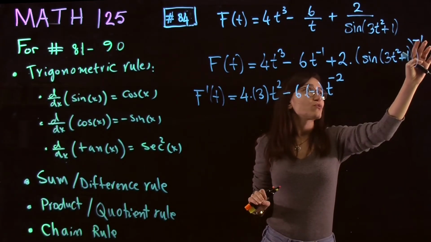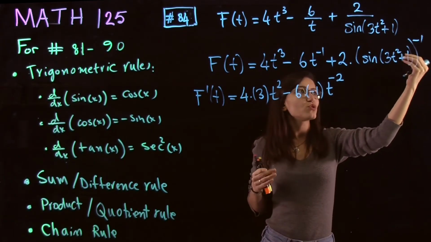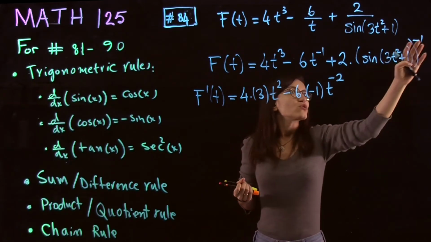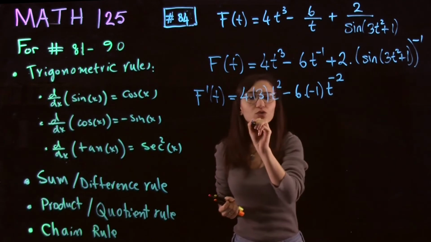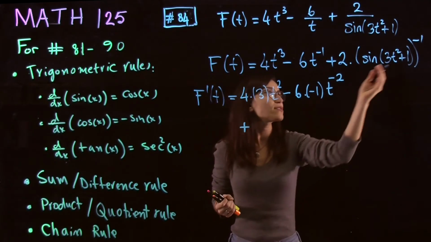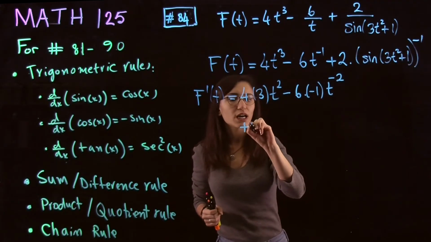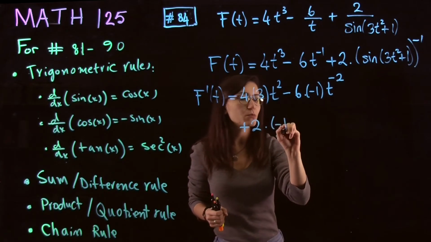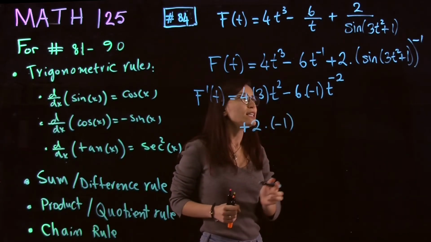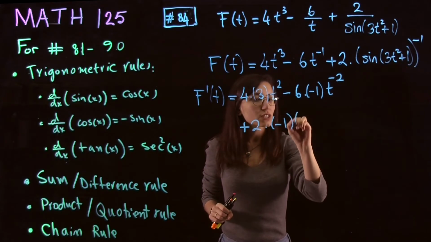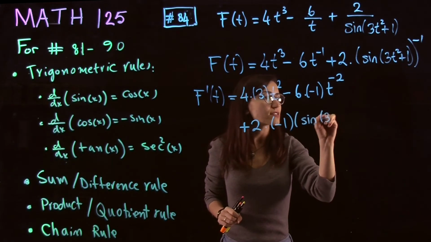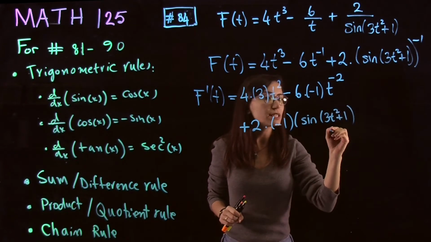So first I need to bring, so this is like chain rule and power rule, you can call it. So I will apply the power rule here. So plus, let me continue over here. So plus, I need to bring the exponent, I need to multiply it with negative 1. And then I need to continue here. So I need to keep the inside function as it is, 3t squared plus 1.